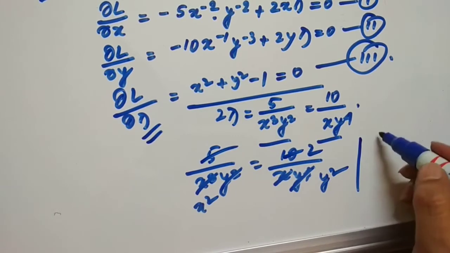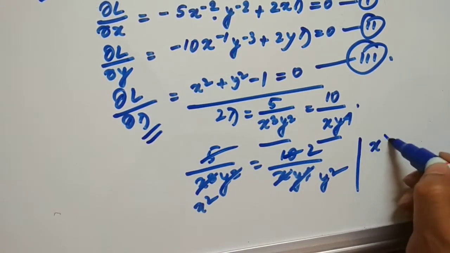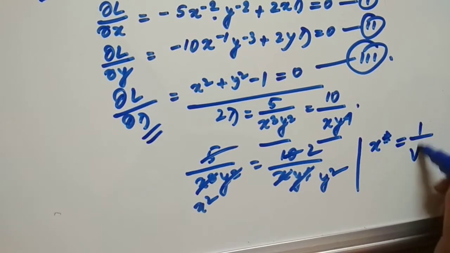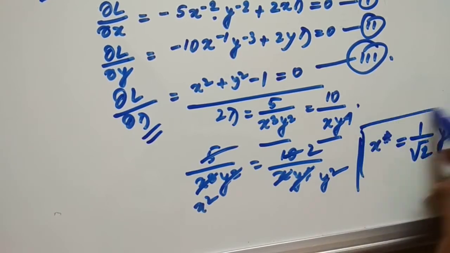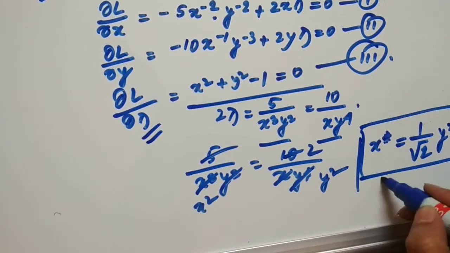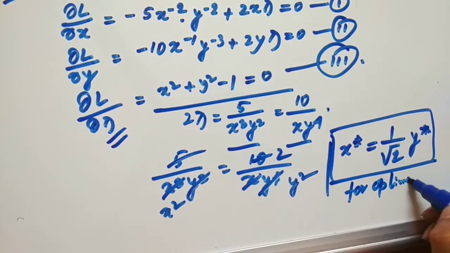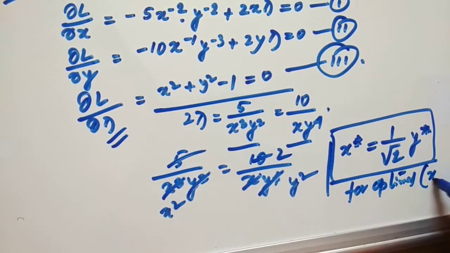So you can write from here, I am writing this as x star equal to 1 by root 2 y star. Okay, and this will be for the optimal x star comma y star.